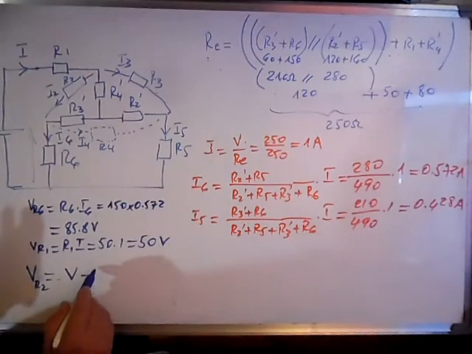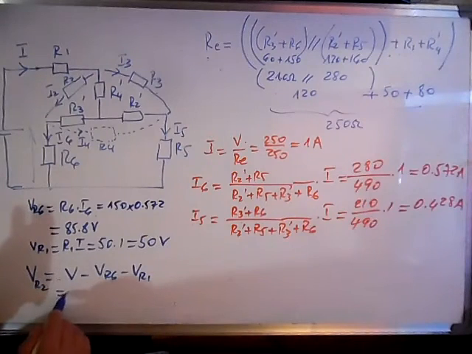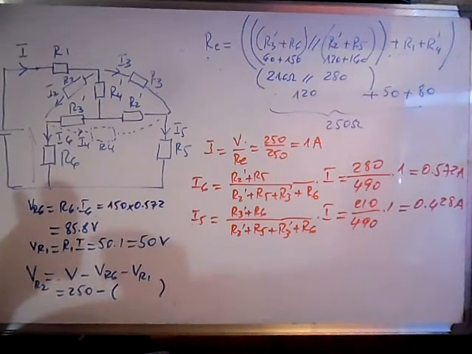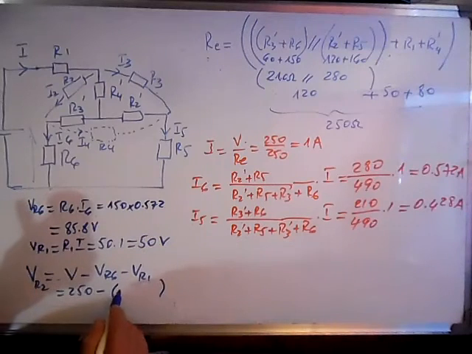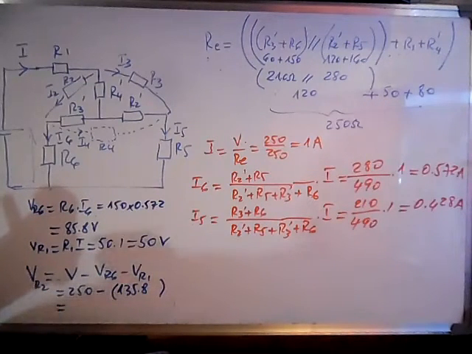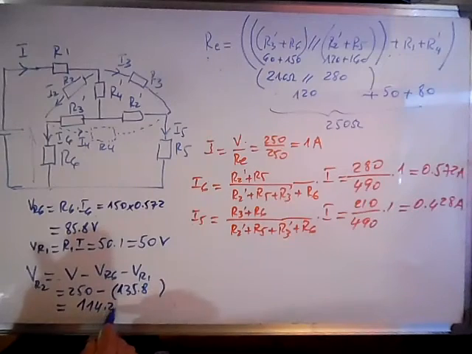It's V minus VR6 minus VR1, and it's 250 minus 85.8 minus 50, 135.8, and this is 114.2 volts.